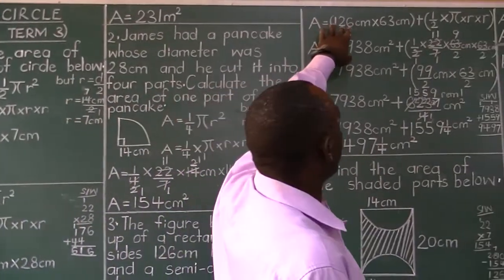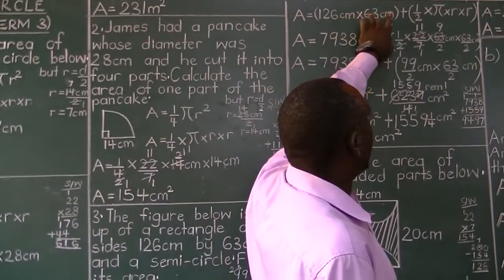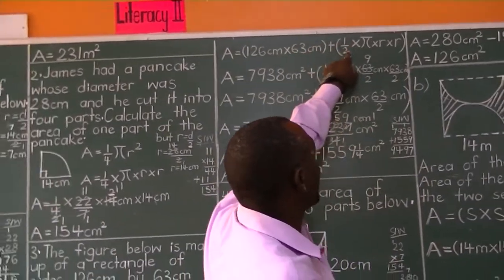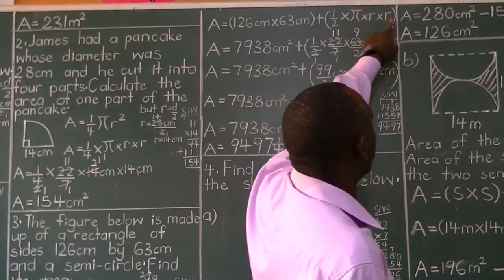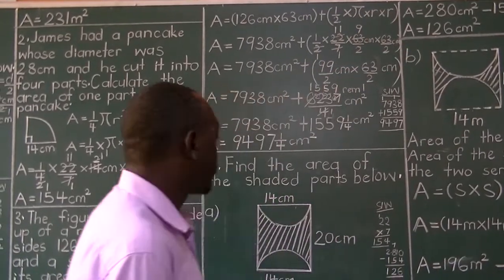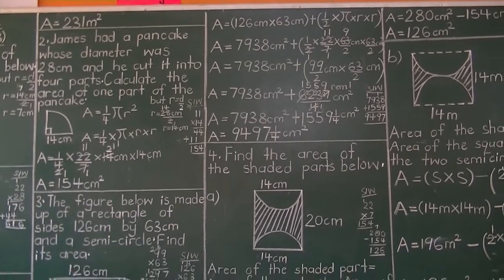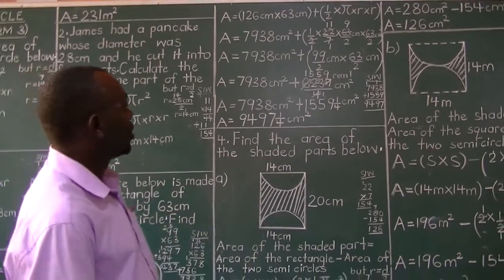The length is 126 centimeters, the width is 63 centimeters. Multiply there, plus the expansion of a half times pi times r times r. Remember, r stands for radius, whereas 63 here is the diameter.